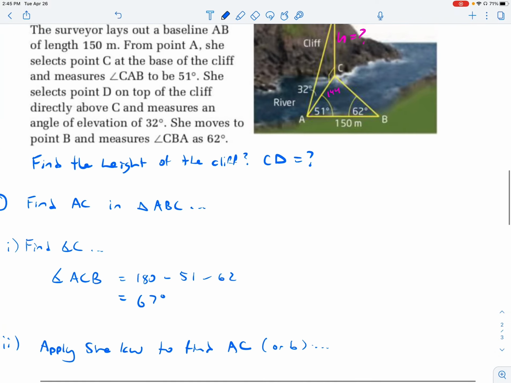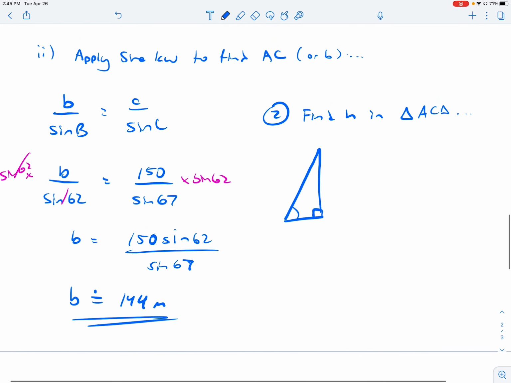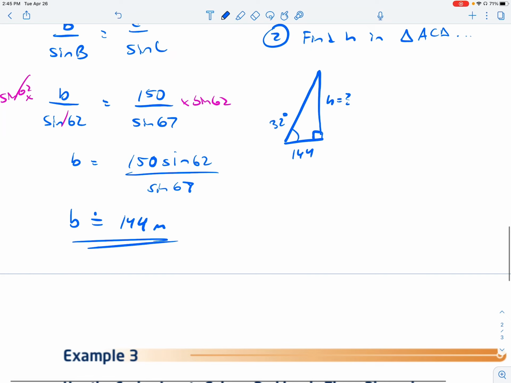What's our angle? 32. And we found the base to be 144, and we're looking for the height. So this is now a really easy question. Opposite to this angle is the height that I'm looking for, and I'm given the adjacent, so we should use tan. Tan of 32 is going to equal h over 144.